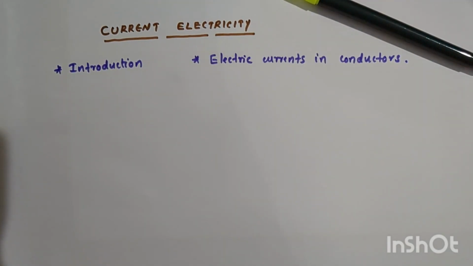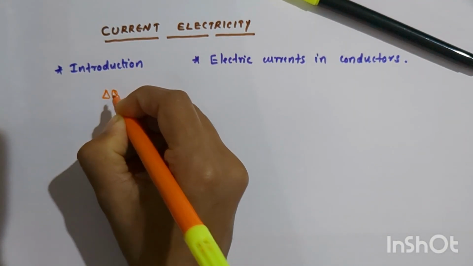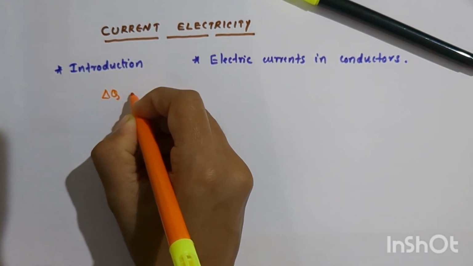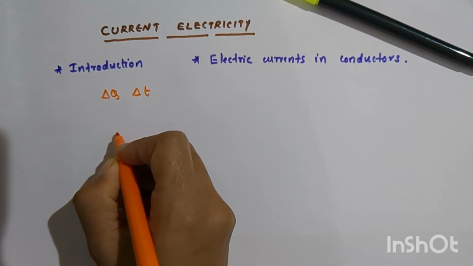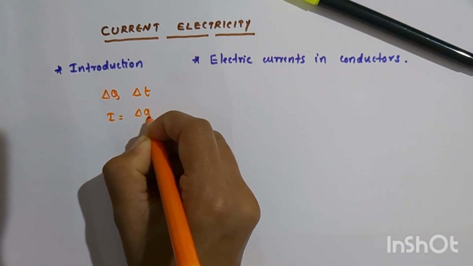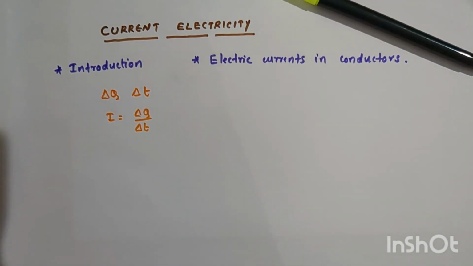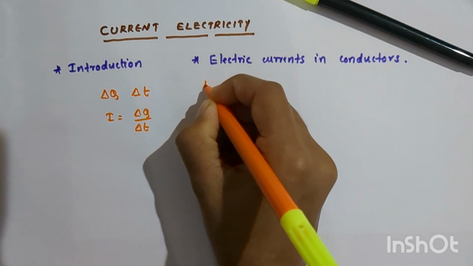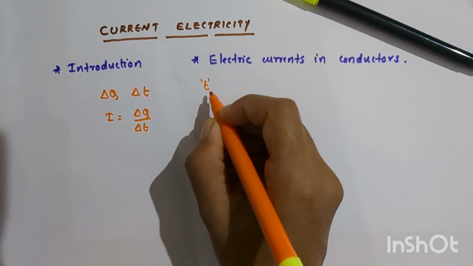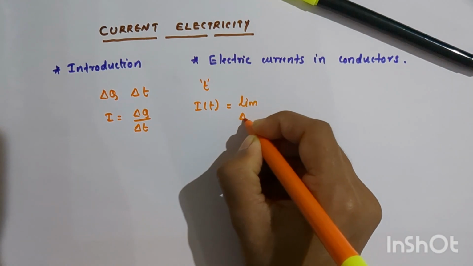More generally, we can define the current as follows: if delta Q amount of charge flows across a cross section of the conductor during the time interval delta T, then we can write the current as I equal to delta Q divided by delta T. Then the current at an instant, or at a time t, across the cross section of the conductor can be written as I of t equal to the limit as delta t tends to 0 of delta q by delta t.